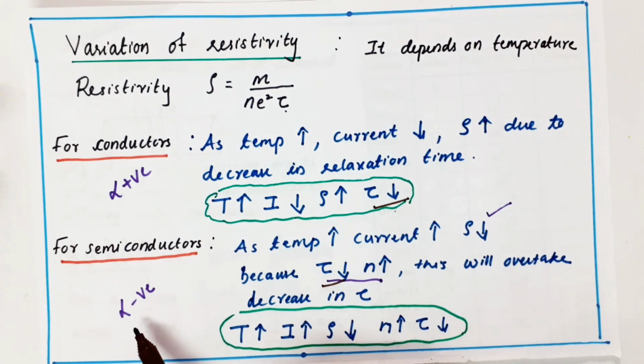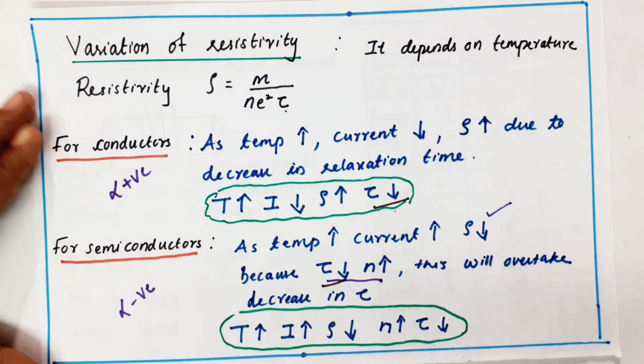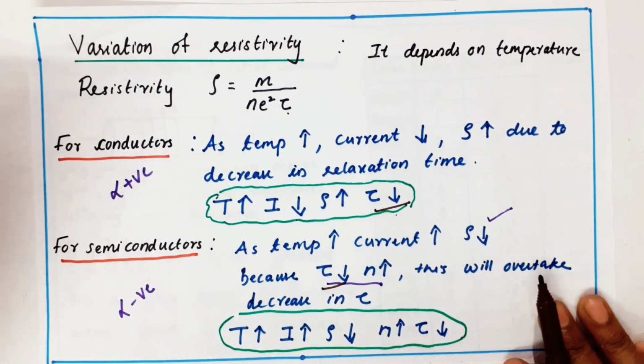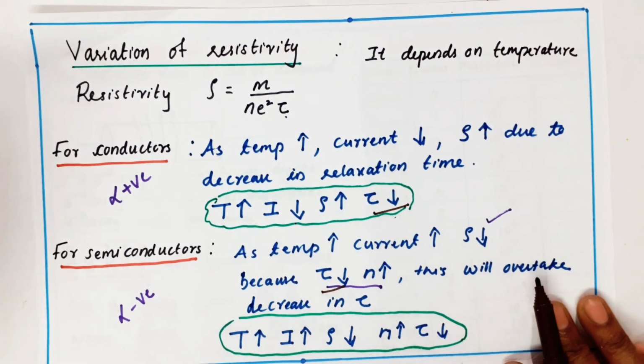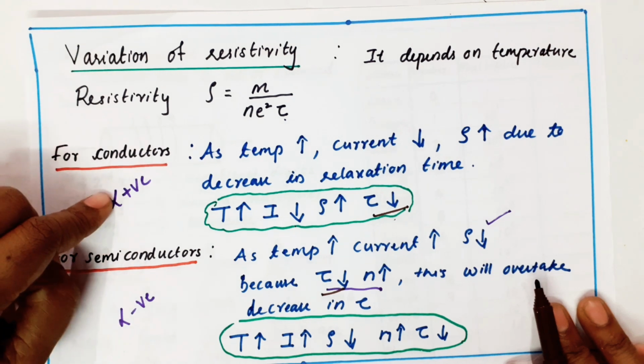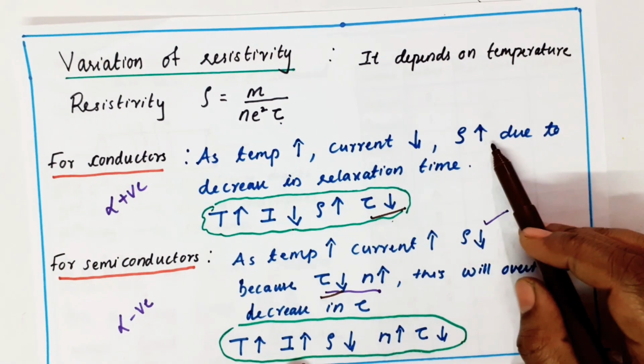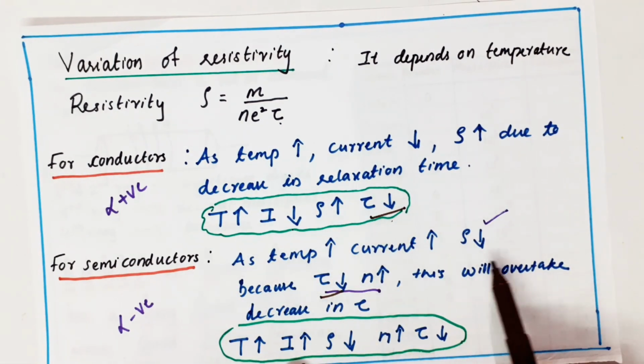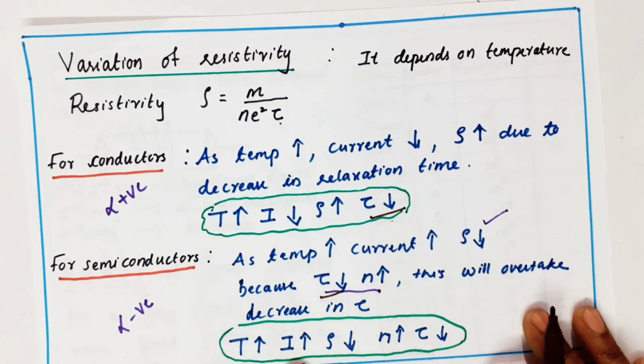So that is the reason I am telling alpha is negative. Very important concept here: for a conductor, resistivity increases with temperature, but for a semiconductor, resistivity decreases with temperature. Clear?